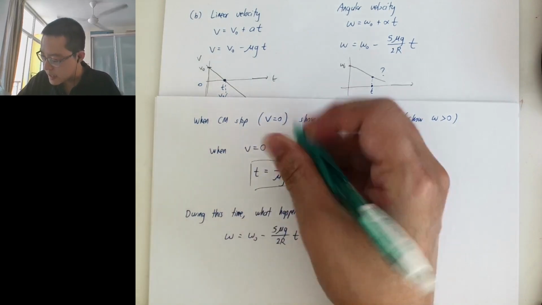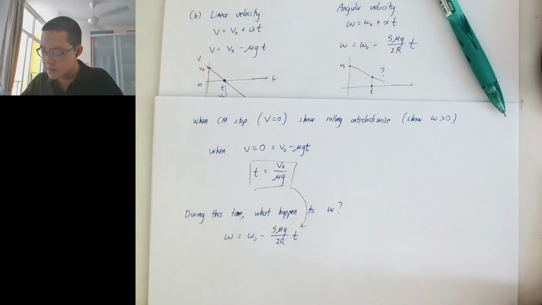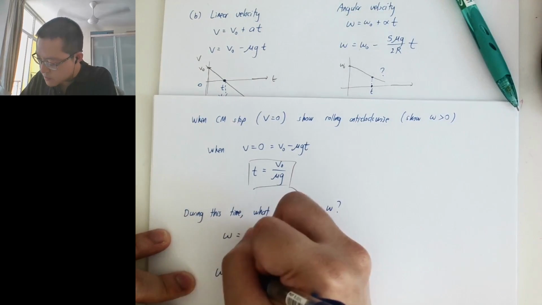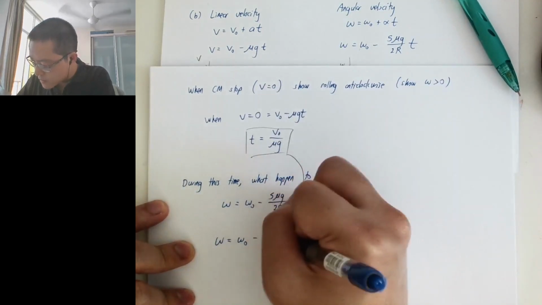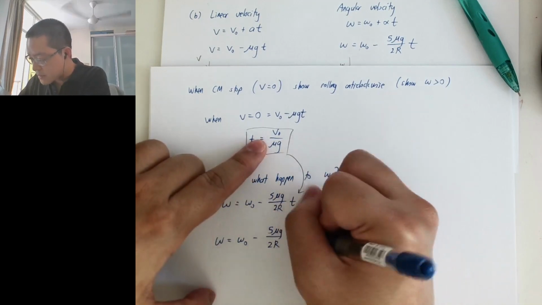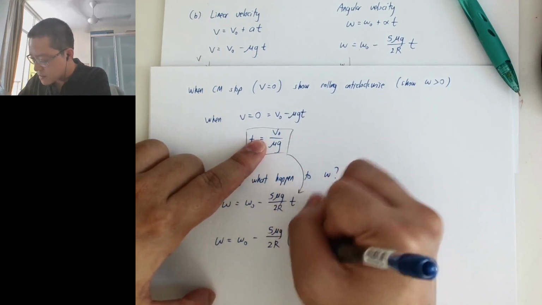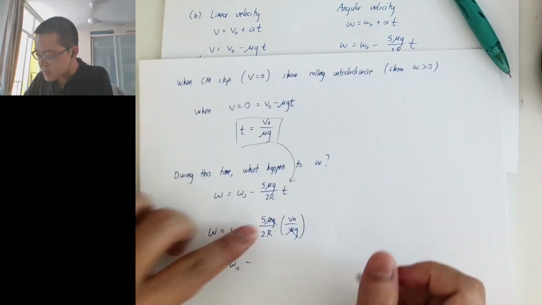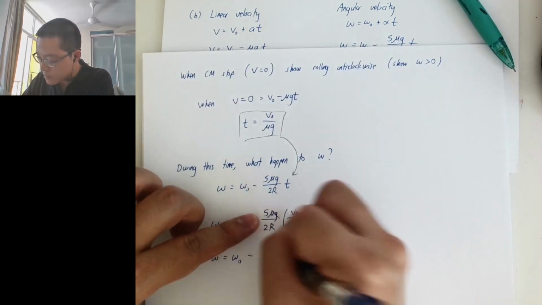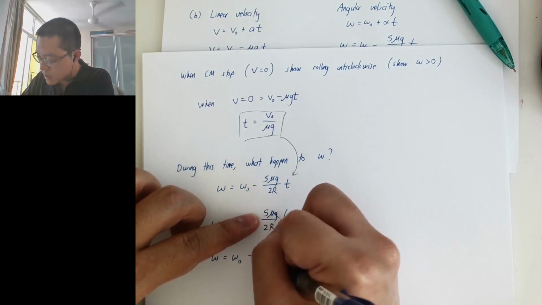So I put in this time and see what happens. Omega is omega 0 minus 5 mu g over 2r, and then the time is v0 over mu g. Cancelling this, omega is omega 0 minus 5v0 over 2r.